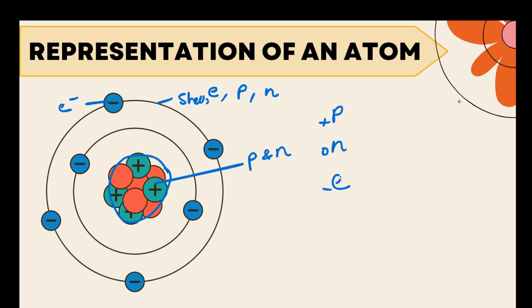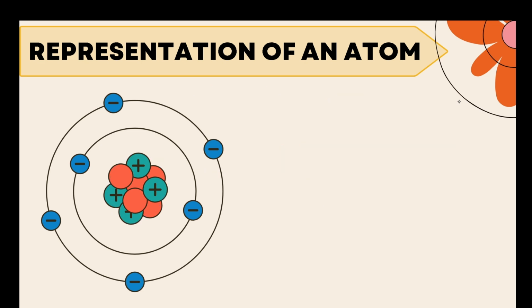Now masses we are going to write as a superscript. Proton has a unit mass, meaning 1, neutron also has a unit mass 1 and electrons have negligible mass. So that is how you are going to represent the three subatomic particles with respect to their charge and mass. This is important. At times they ask you to write this in the examination.